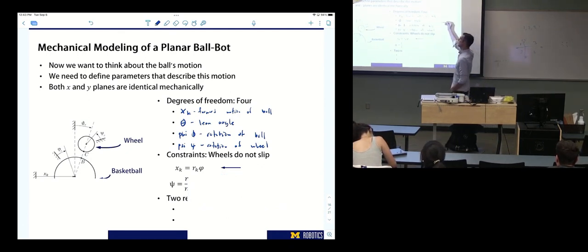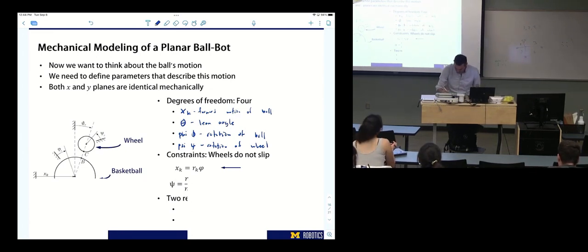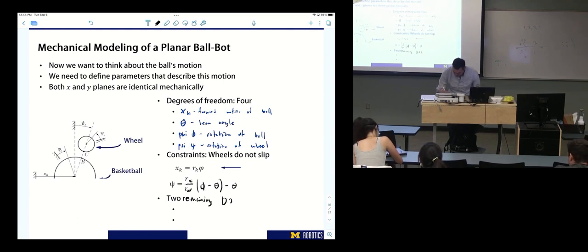These are our 4 degrees of freedom. There are 2 constraints.